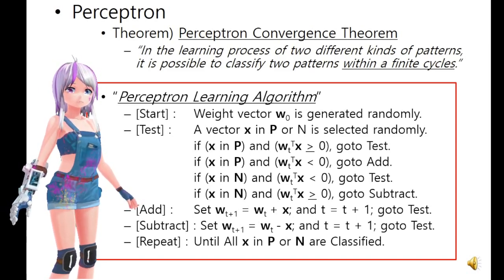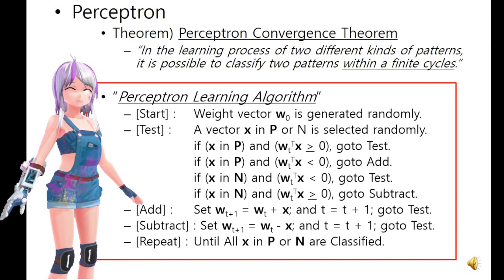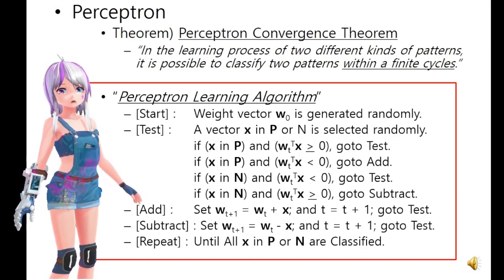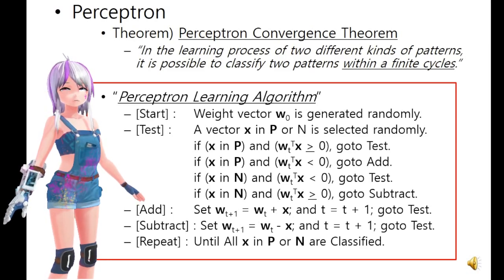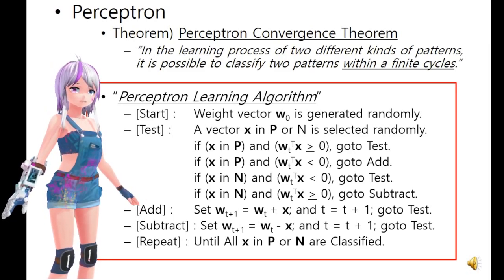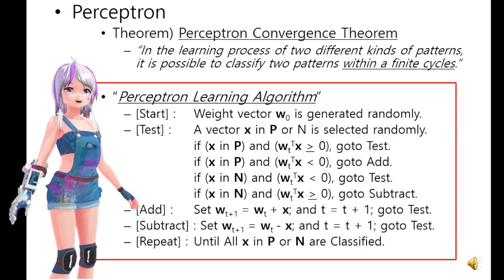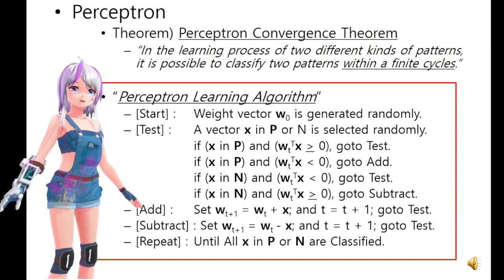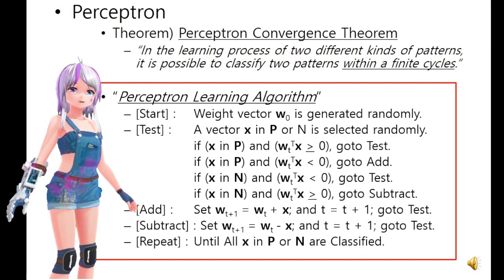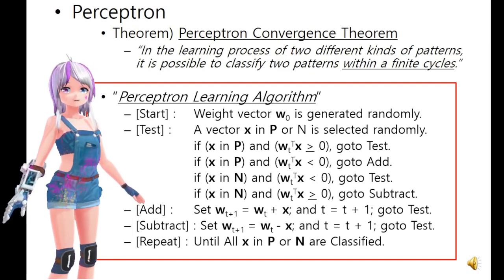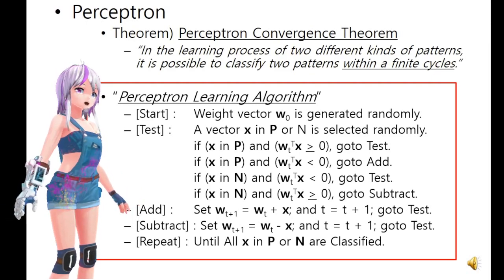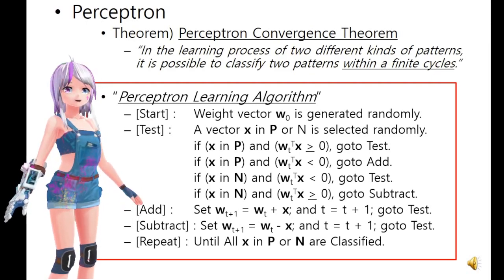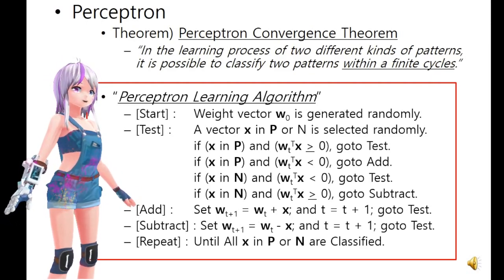So Wt transpose x, the inner product between our weight parameter Wt and the input vector x, is greater than or equal to 0. Then it satisfies the condition, because after applying threshold logic it will become 1. So the output becomes 1, we don't have to change W, and we go to test.